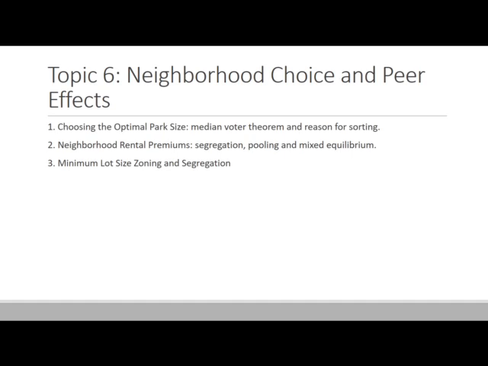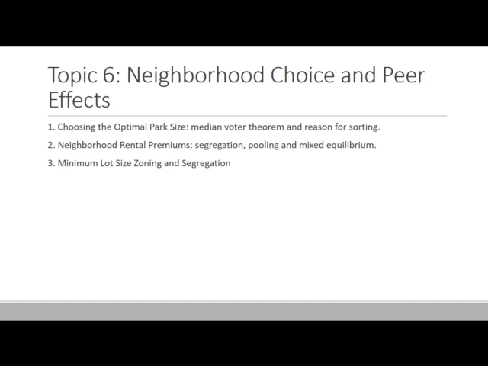And the second key knowledge point of this chapter is relatively more important than the other two. We studied how neighborhood rental premiums will influence the outcome in terms of segregation and pooling. We use the example of rich people and poor people, but it's not restricted to rich and poor, but any two kinds of people.